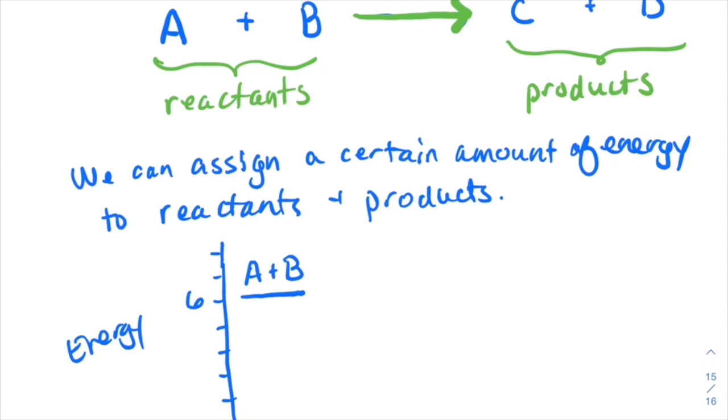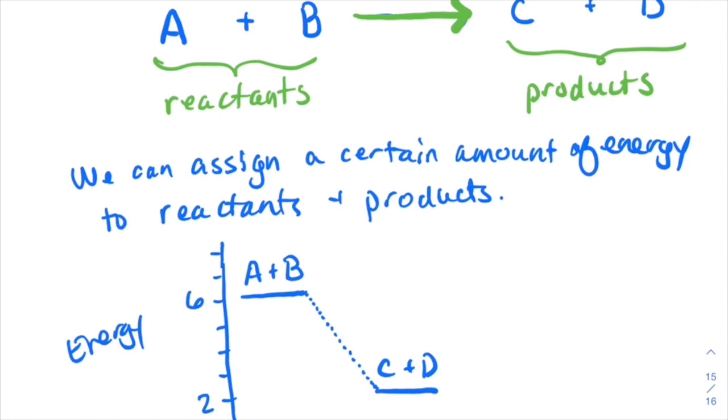And let's say that they've determined that the amount of energy that the products C and D have is down here at a 2. So I'll put them down here. Let's connect the dots here. A and B are starting up there at a 6, C and D end up at a 2, and we just connected these two levels here.